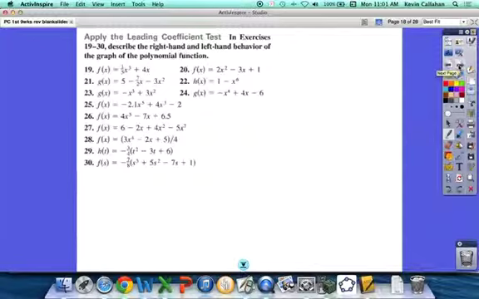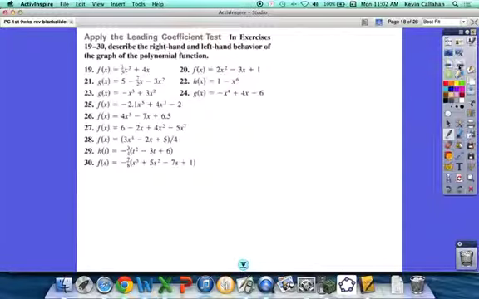Right? Leading coefficient test, right? So remember, the leading coefficient test depends on 2 things. What are the 2 things? Is the leading coefficient positive or negative? Okay. And then what? The degree, right? The degree is the highest power of x that you see.